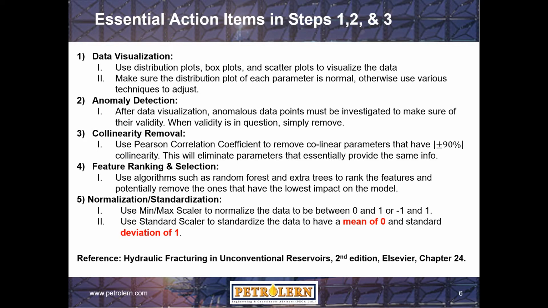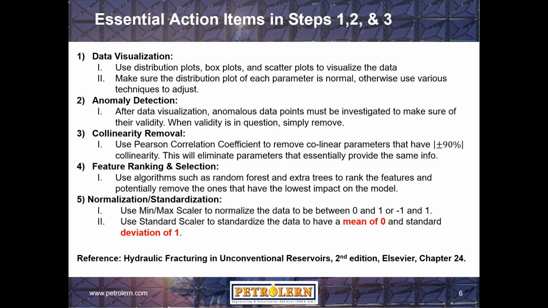What do I do with those anomalous points? Are these anomalous points actually true, or are these just typos, and they would have to be removed? When the validity of these anomalous points is in question, then simply remove those anomalous points. And you can see it right away.